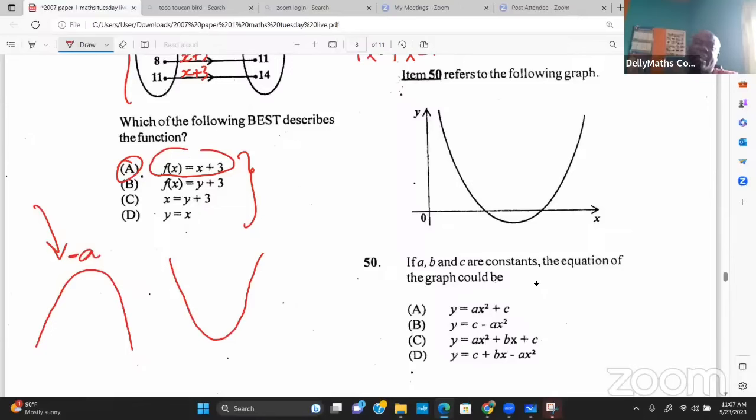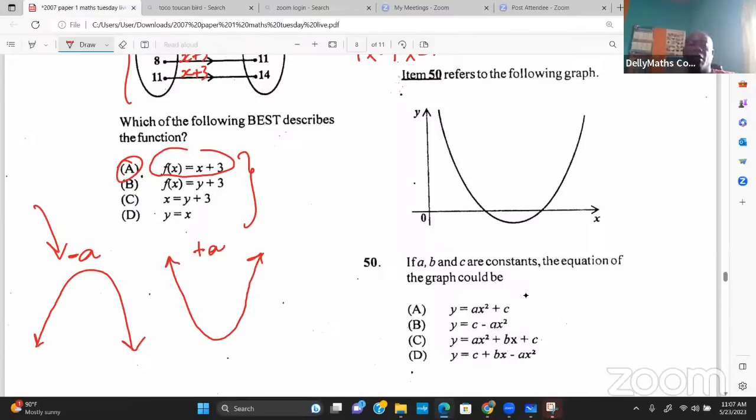When A is negative, your curve will frown, like a frown face. When your A is positive, your curve smiles, like a smiley face. So right here, looking at this curve, it is smiling.